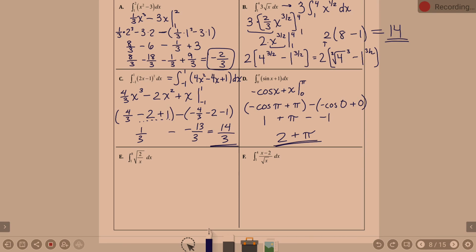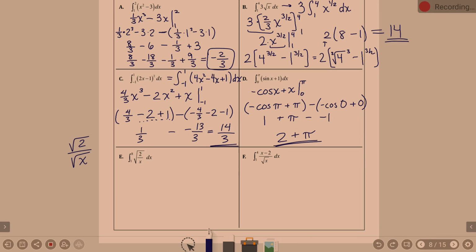Not really. The square root of 2 over x. Okay, now, food for thought. We should change this one definitely. Can we agree that the square root of 2 over x is square root of 2 divided by square root of x? That's where my brain first is starting.